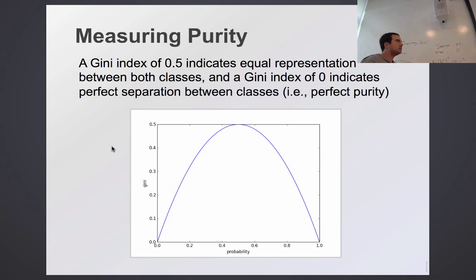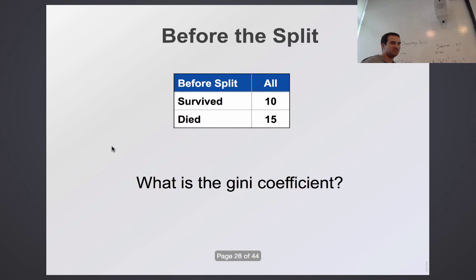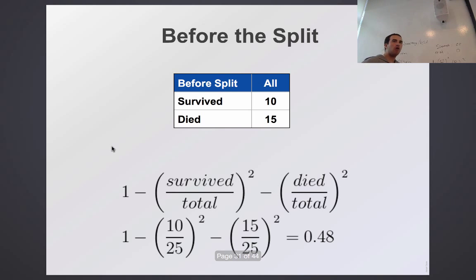How do we get a Gini of 1? Sorry, going back to this example. How would we get a Gini coefficient of 1? This is kind of a trick question.